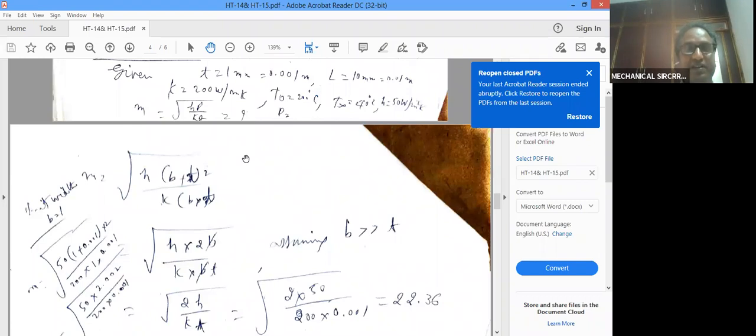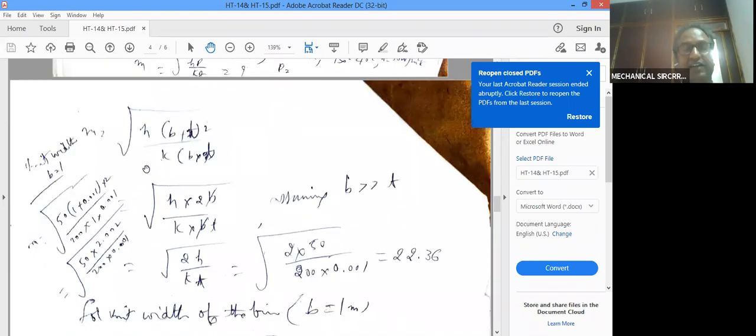So in tanh mL, m is required. First calculate the m value. m is square root of hP by kA.